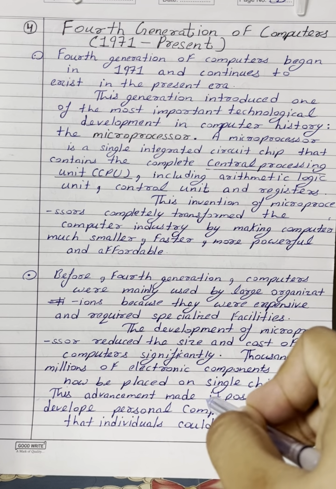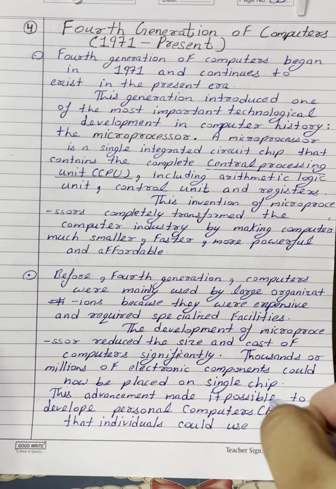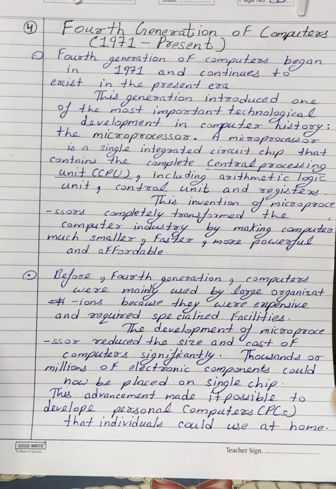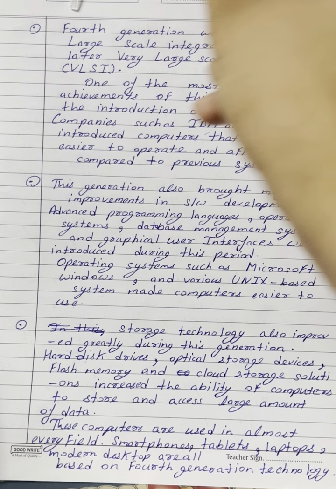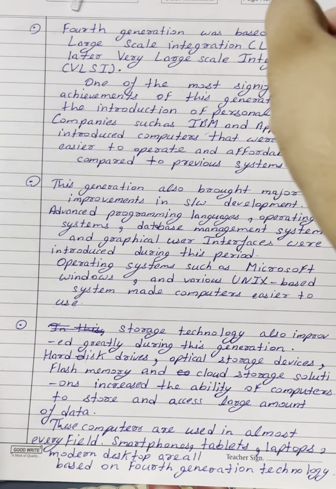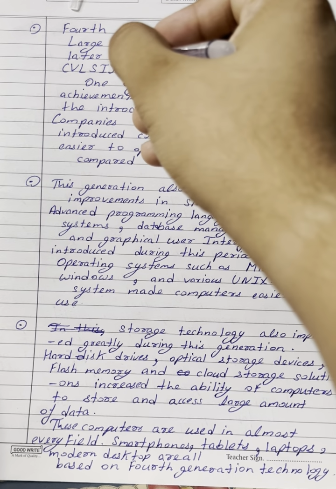This advancement made it possible to develop personal computers, PCs, that individuals could use at home. And apart from that, the fourth generation was based on large scale integration, LSI, and later very large scale integration, VLSI.